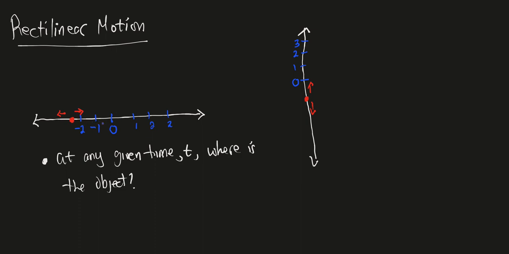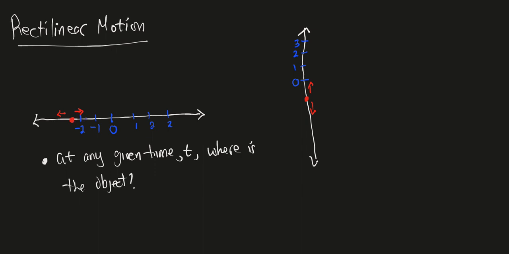So when you think of a number line, we can think of it as indicating how far away you are from the origin and in what direction, right? Which is consistent with our concept of negative infinity being down here and positive infinity being over here, right? So that's our first question. At any given time, where is the object?